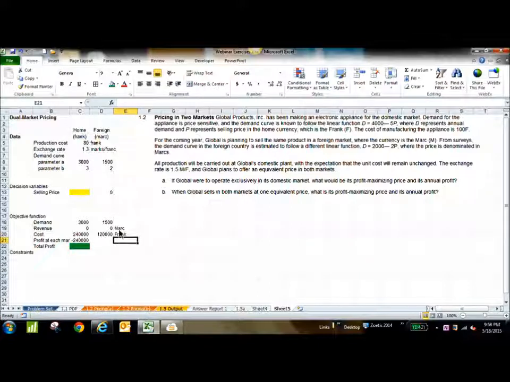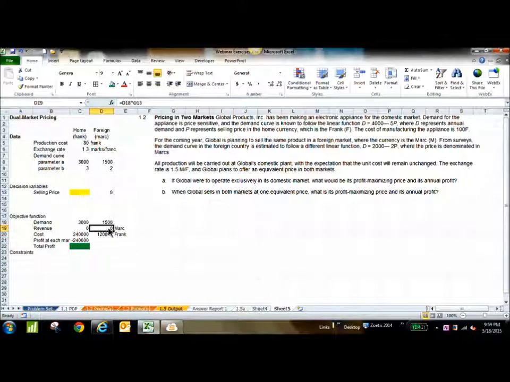To convert this back, you'll have to divide by 1.5 to get everything in franc. This one is in franc. This one is in franc. This one is in franc, except this one is not in franc.